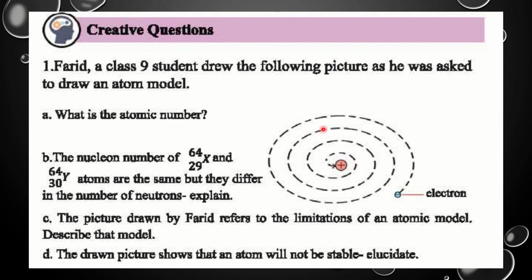And when the electron comes to the center, that means when the electron meets with the proton or comes to the nucleus, then the atom will lose its identity. It will not be a stable atom then. You will explain this here.